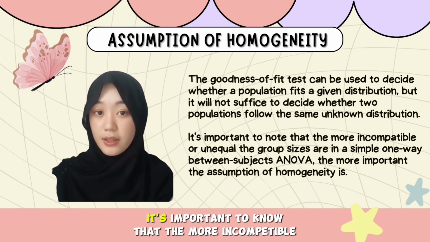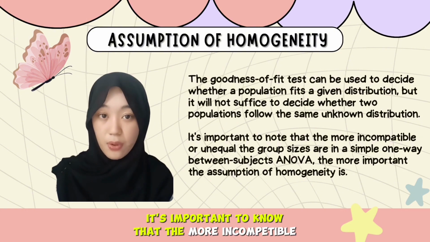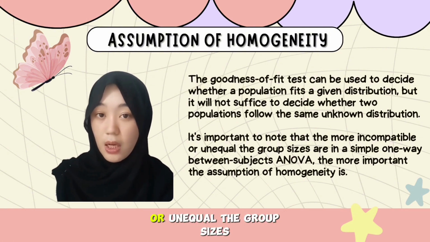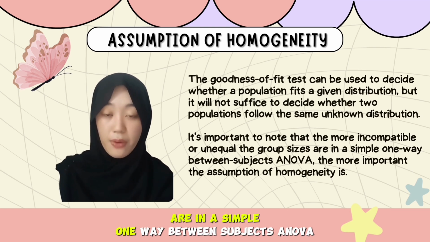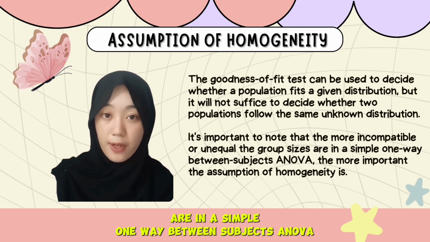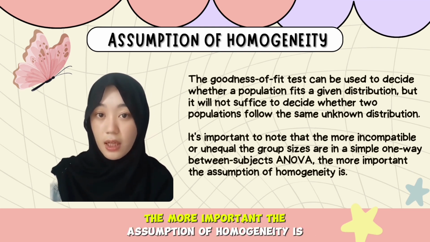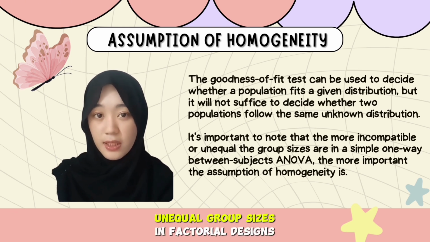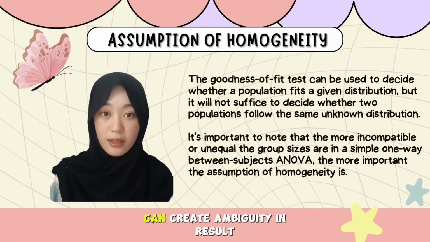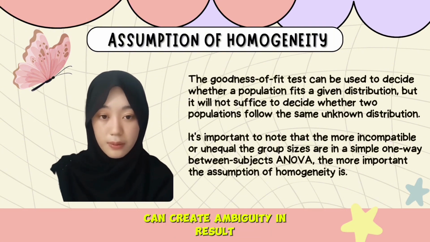So it's important to note that the more unequal the group sizes are in a simple one-way between-subjects ANOVA, the more important the assumption of homogeneity is. Unequal group sizes in factorial designs can create ambiguity in results.